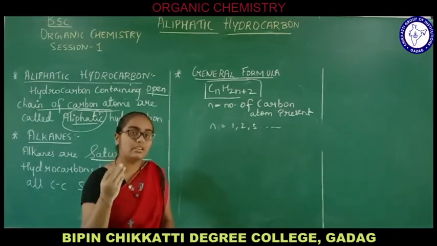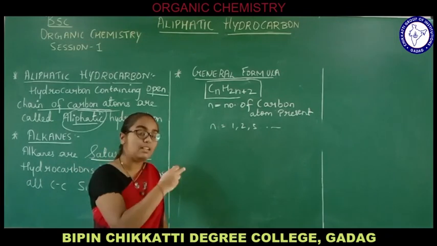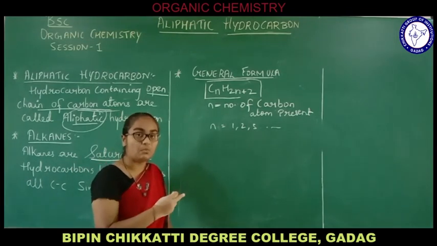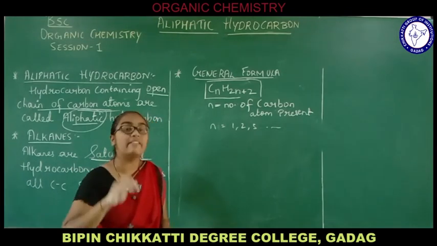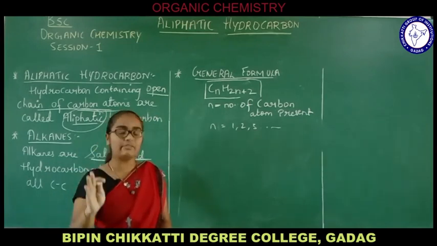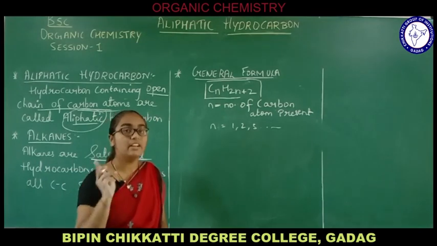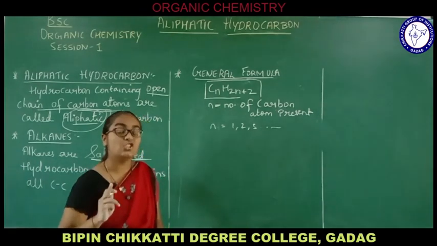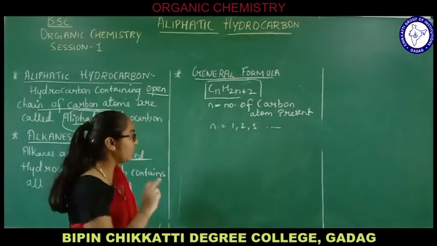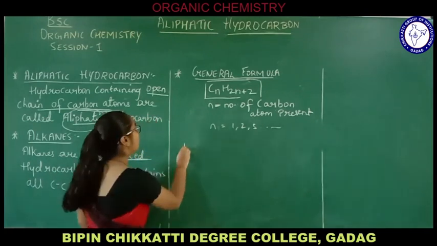That becomes a little confusing, because just as the alkane has a general formula, alkene and alkynes also have general formulas. So you just have to remember that alkane has the general formula CnH2n plus 2.